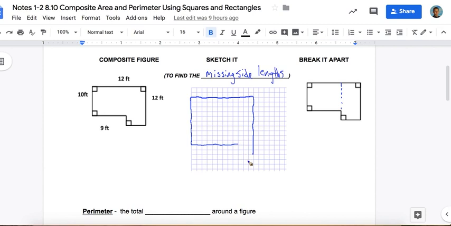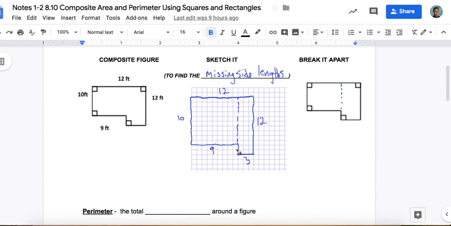Okay, then this allows me to complete the missing parts here. So now I know that this part is 3 and this part is 2. And I'm going to go ahead and split it the same way I did here. So we know that this side is 12 and this is 10 and this is 9, this is 3, and this is 12.